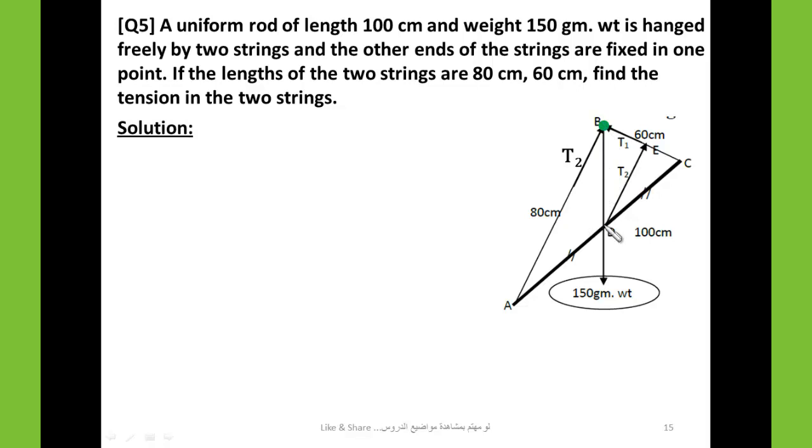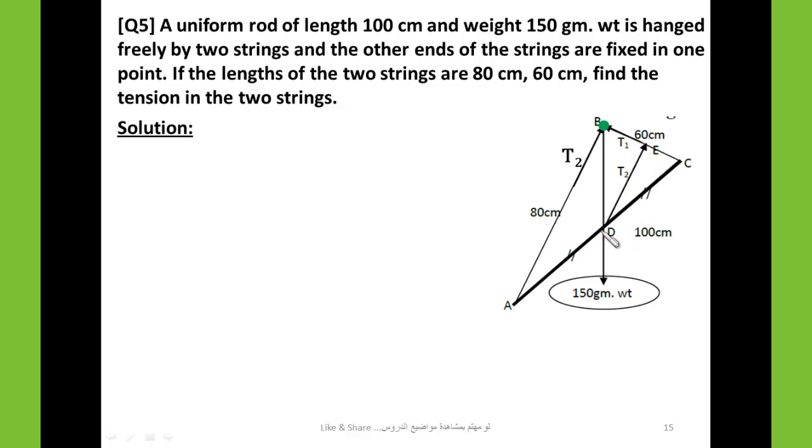Also, since D is the midpoint of AC, and DE is parallel to AB, the length of DE equals half the length of AB. The length of AB equals 80 centimeters, so DE equals 40 centimeters.